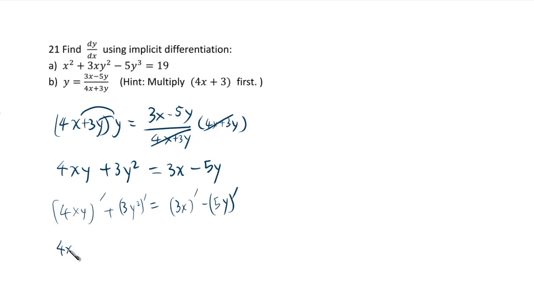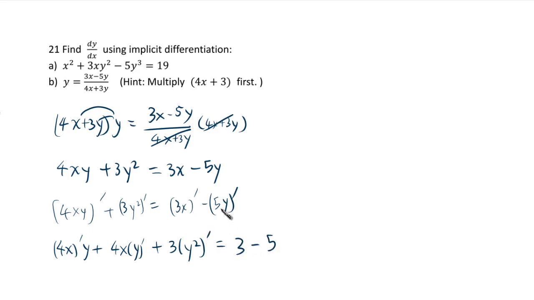So it's 4x prime times y plus 4x times y prime, plus 3 is a constant multiple, so we can take that out and differentiate y squared. 3x prime is just 3, that's easy.